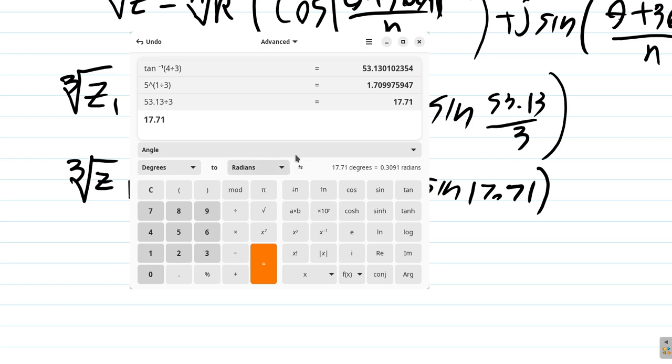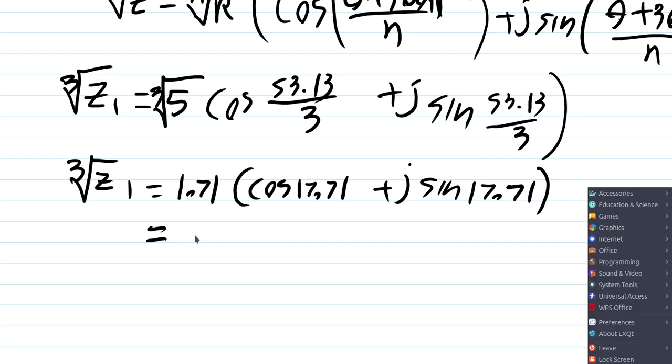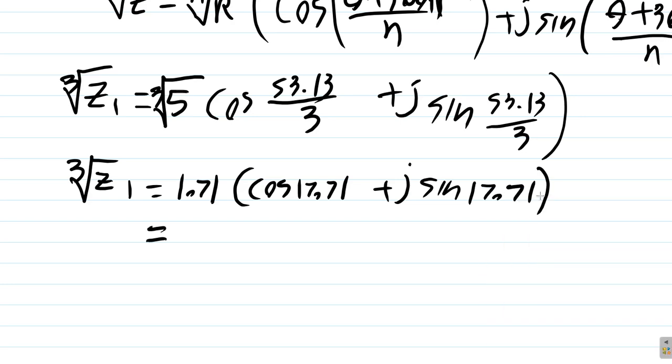Remember, we said 1.71 to the power of 3, we should get 5. 1.71 raised to the power of 3, we get 5. Nice. But anyway, we have this. We could just turn it back into rectangular form.